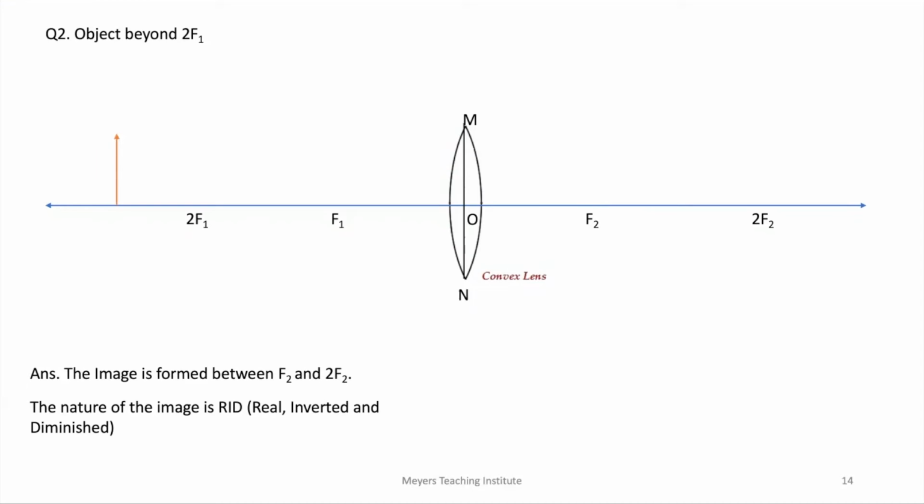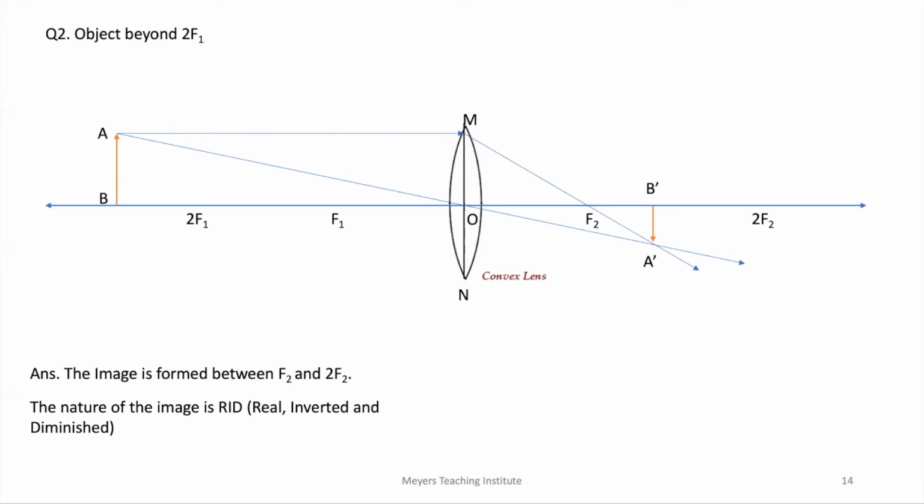If the object is placed just beyond 2F1, we start by first drawing the ray of light parallel to the principal axis, which then passes through the lens, refracts, and passes through the focus F2. At the same time, we have another ray that passes unrefracted through the center O, and where these two lines intersect would be the point of our image, A dash and B dash, forming.